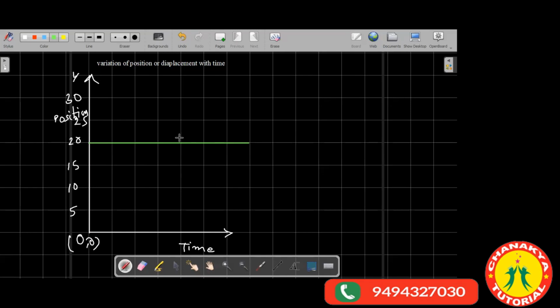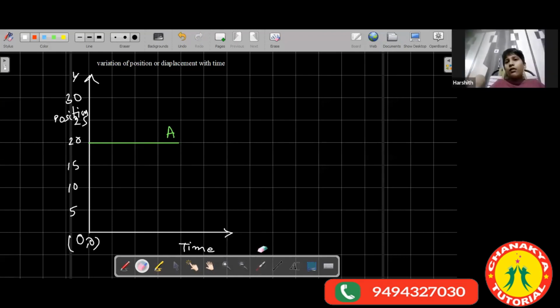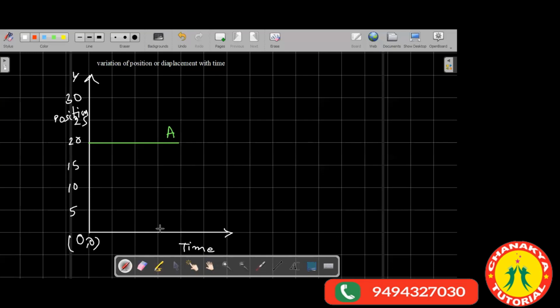Let this be graph A. Let us have another graph here. What information do we get from this first graph? Sir, the object is at rest. Yeah, this graph shows that the object is not changing its position with time.